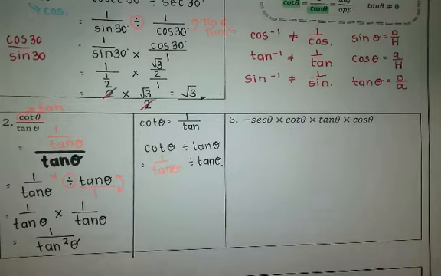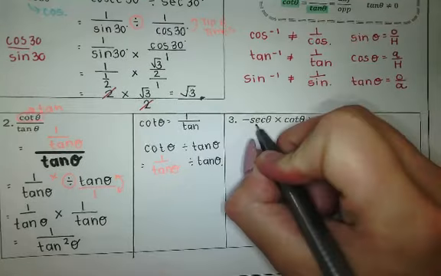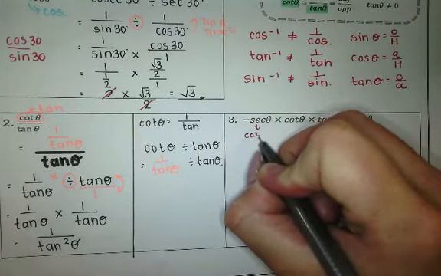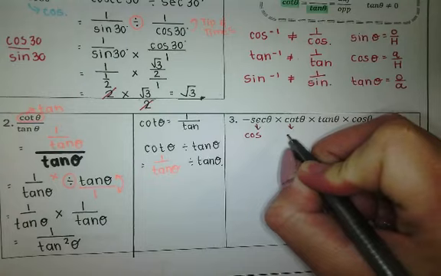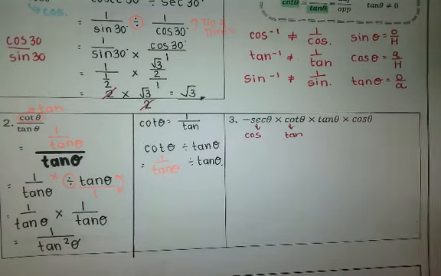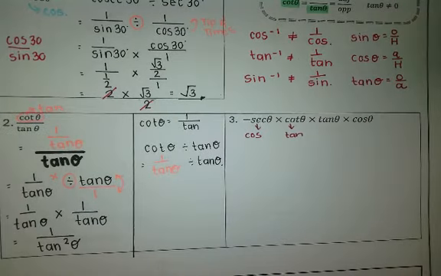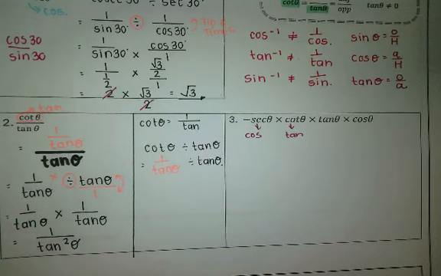Right, so sec is the reciprocal of cos, cot is the reciprocal of tan. Then we've got cos theta.